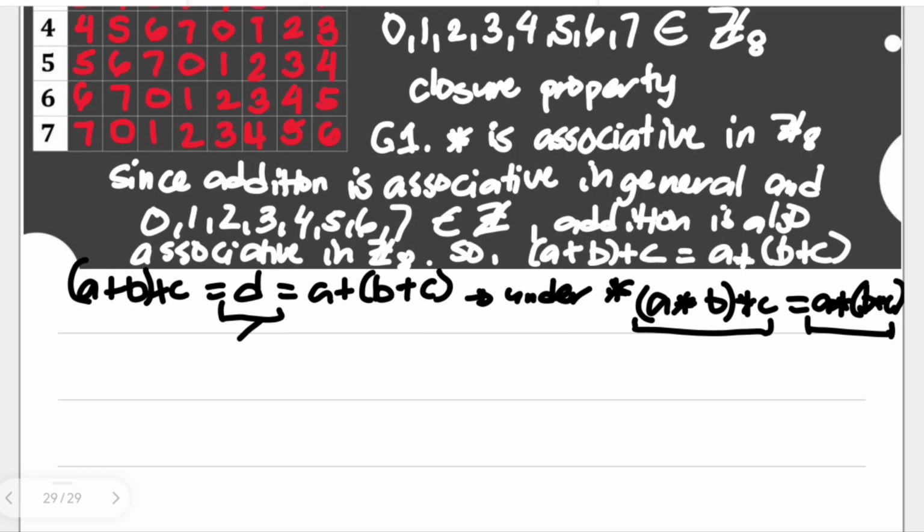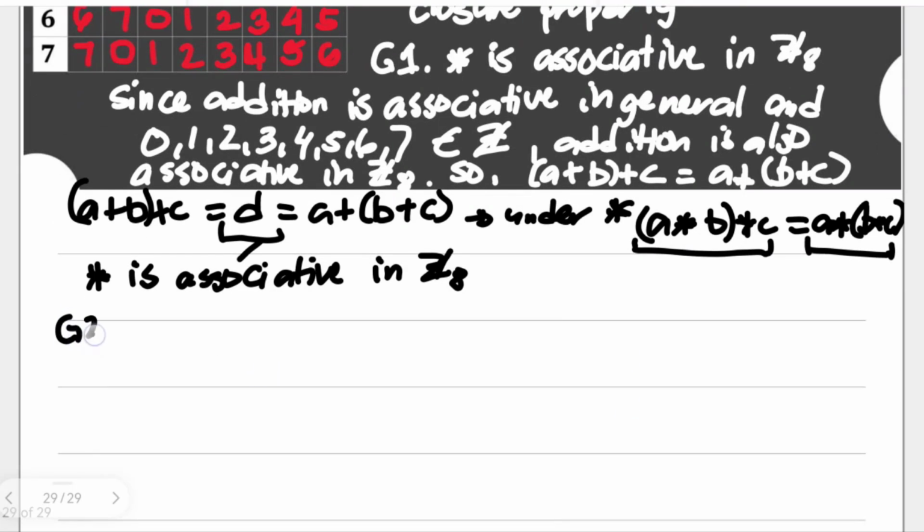With this, we can say that star is associative in Z8 by invoking the associativity of the set of integers in general. Okay, I hope that's already enough for the G1.